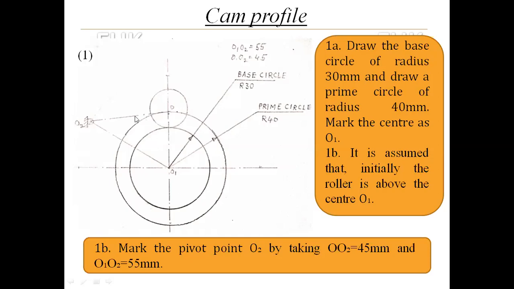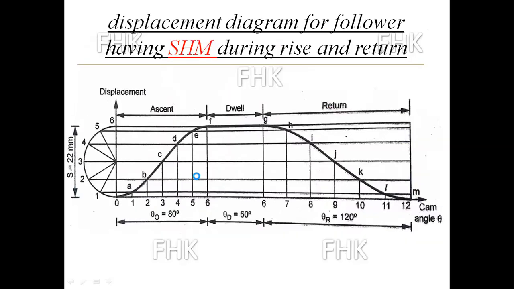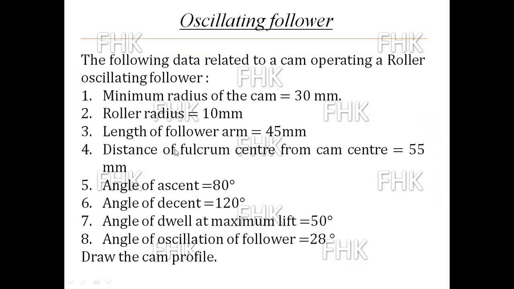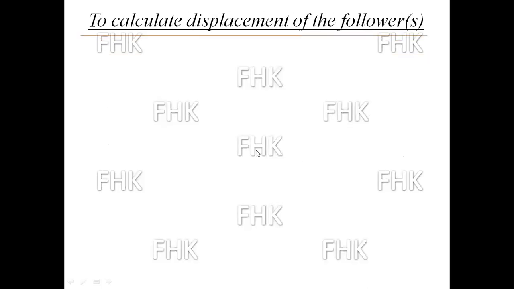Now second step, with O1 as a center, and 55 mm distance in the compass. Why 55 mm? Because in the problem statement it is given 55 mm: the distance of the fulcrum center from the cam center is given 55 mm.